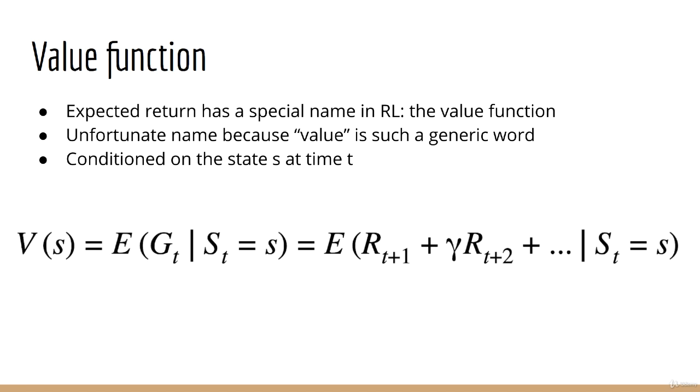As you can see, it's not just a plain expected value, but rather it's conditioned on the fact that we arrived in the state S at time t. Thus, we denote this as V of S, the value of the state S. As a side note, we sometimes refer to the return as simply the reward, even though the return should be a sum of rewards. So you always have to pay attention to the context.